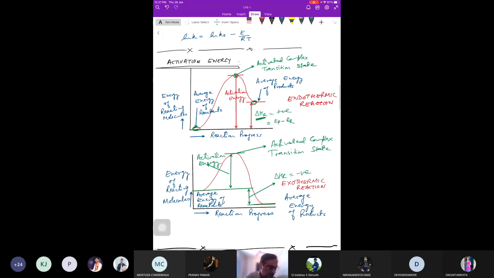And if it is like this, where the energy of reactants is more than that of products, then delta HR is negative because again it is equal to energy of products minus energy of reactants. So it is negative, and it is an exothermic reaction. What does exothermic reaction mean?